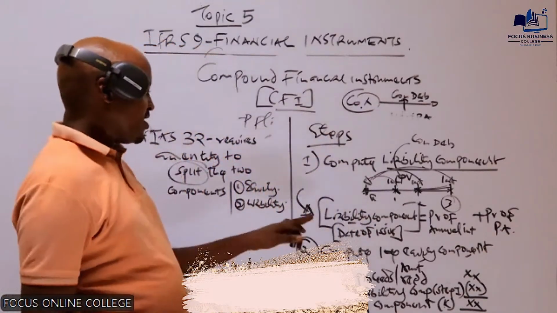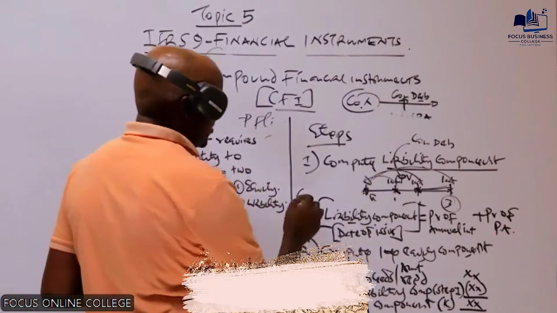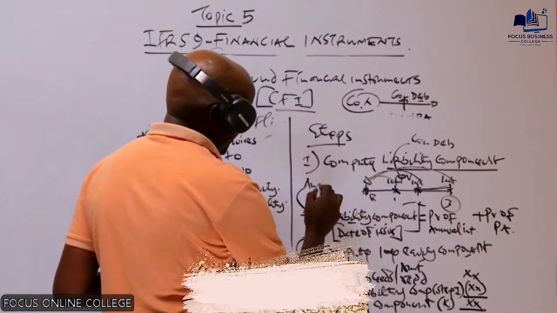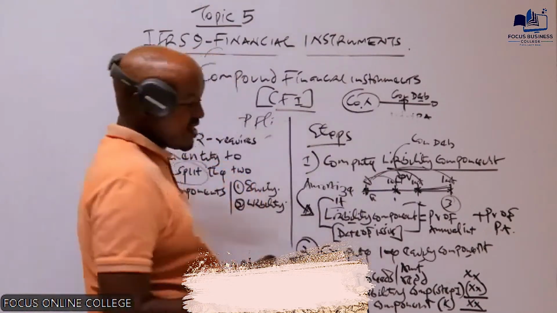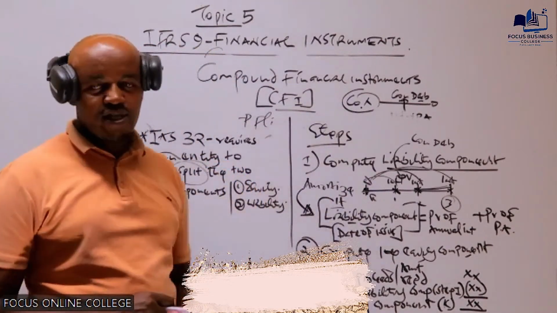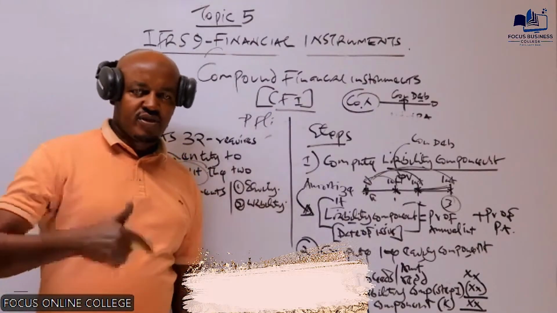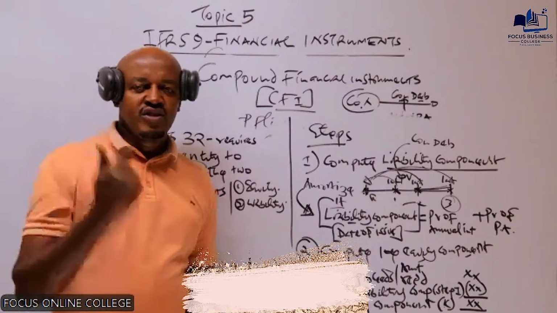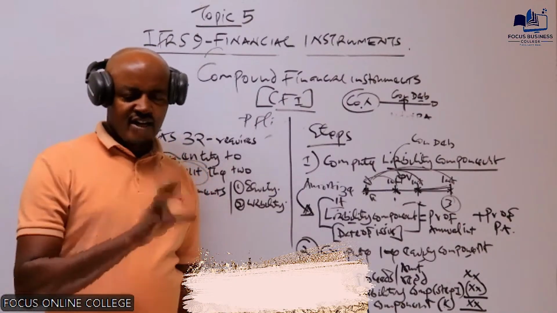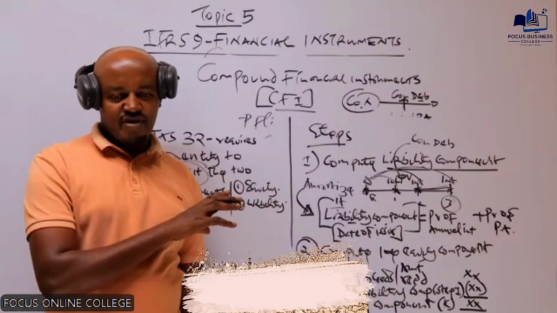The same case with this liability component: we amortize it. To amortize a liability, or even to amortize an asset, is the process of gradually writing it off over a given period of time.